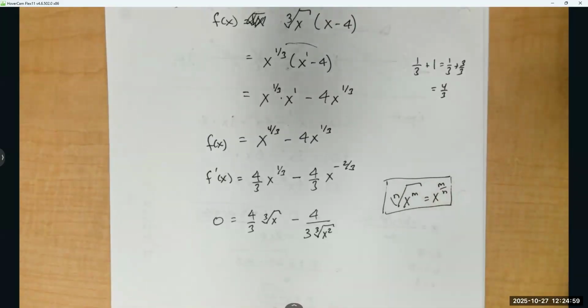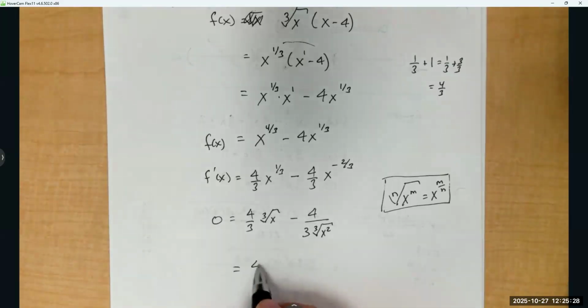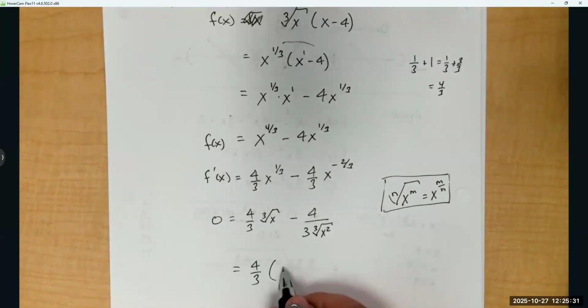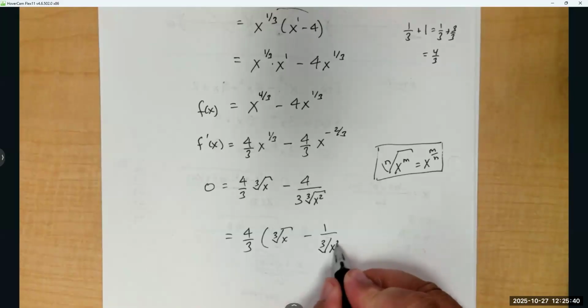This is the root, always goes on the bottom. Can we combine these? Have to get a common denominator. They both have threes. Actually, they both have a 4/3. So we have cube root of x minus 1 over cube root of x squared.